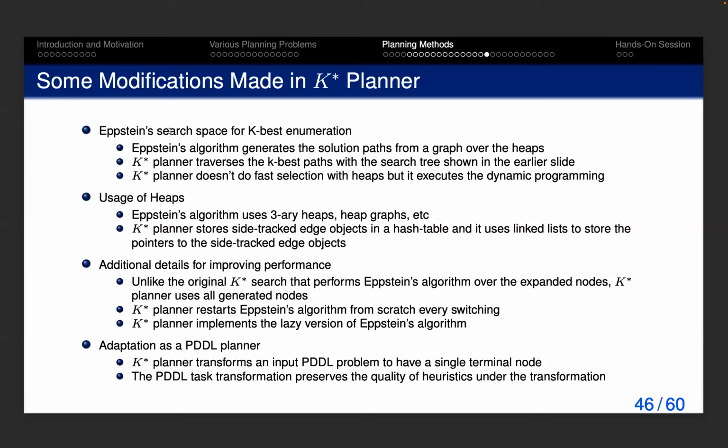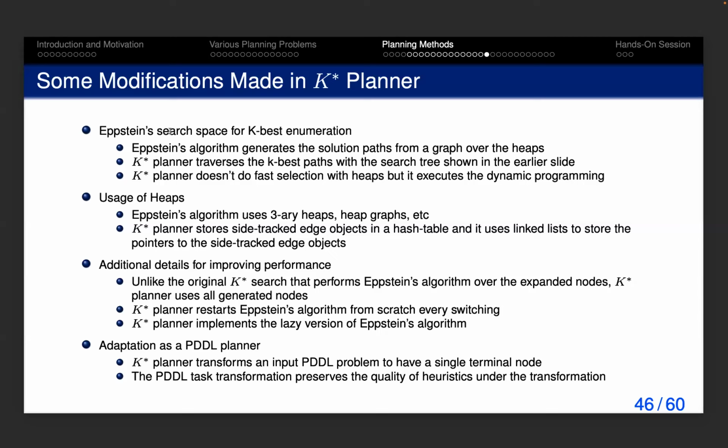That's a very important part. So this is the end of the K-star search. Before finishing, if you have any questions, you can ask. Otherwise, I can move to SimK.